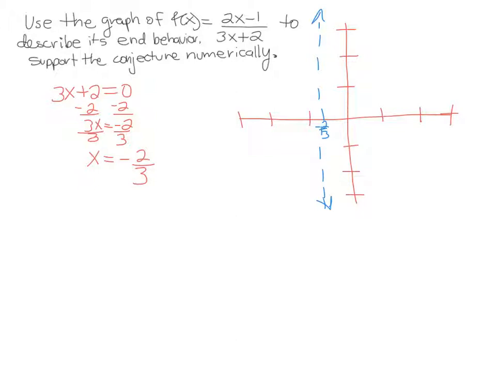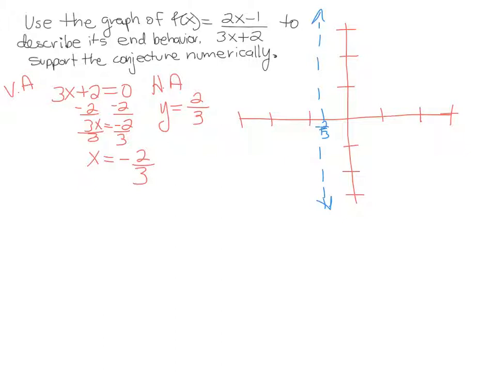Now, let me analyze the graph from the horizontal perspective, horizontal asymptotes. Notice the leading coefficients, so therefore the horizontal asymptote is at y equals A over B. The A is 2, the B is 3.